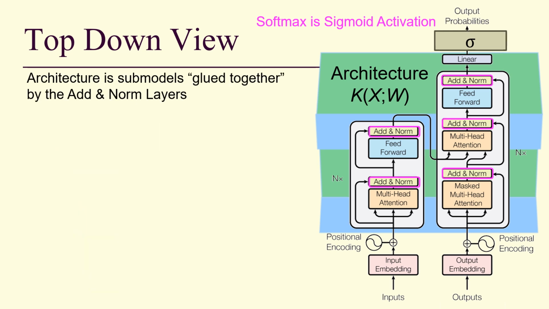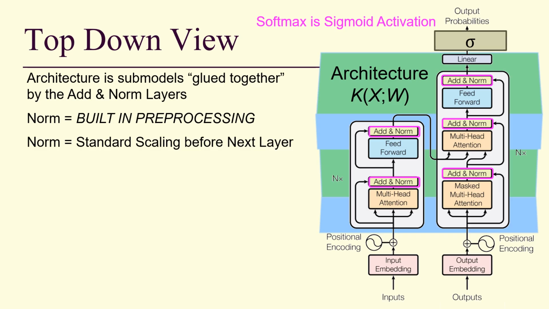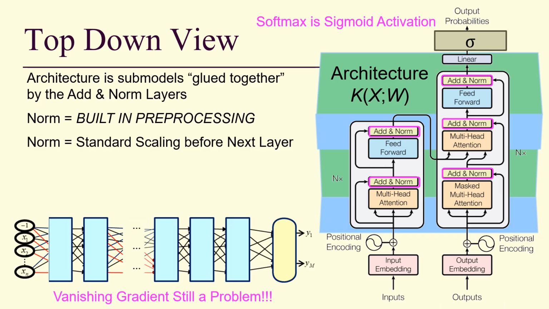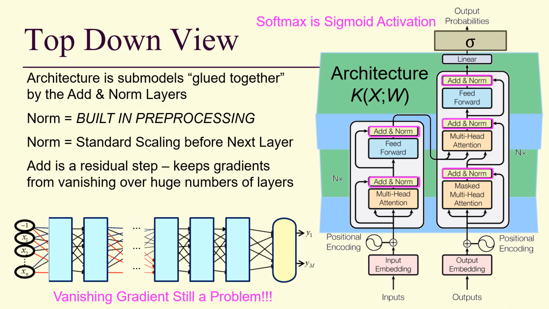So the architecture of a transformer is actually submodels glued together by these add and norm layers. Norm here is just built-in preprocessing. It's standard scaling before we go to the next layer. However, the vanishing gradient is still a problem. So add is a residual step. It keeps the gradients from vanishing as you backpropagate over huge numbers of layers.